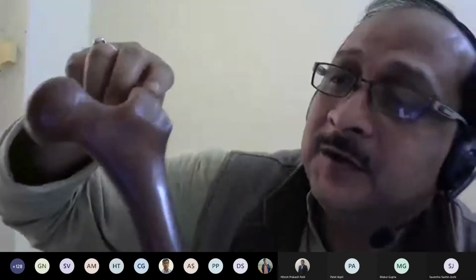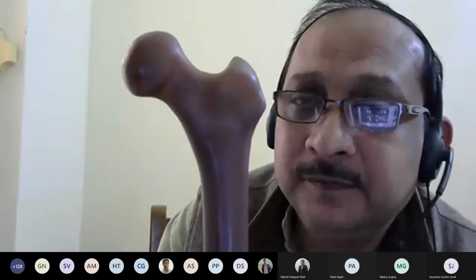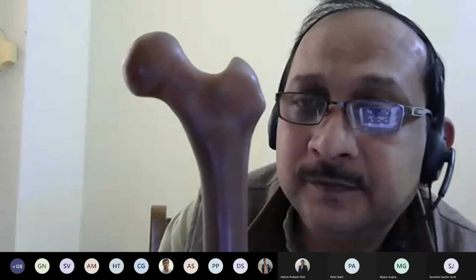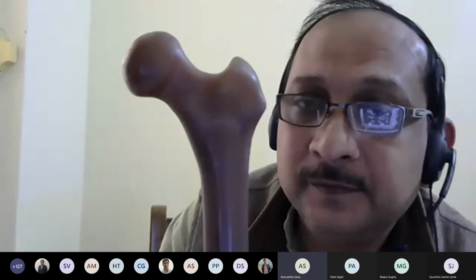I hope it is clear from these models, and you can see that if I hold it like this, this part is the greater trochanter. Now, obviously, is this a right femur or a left femur? Left.